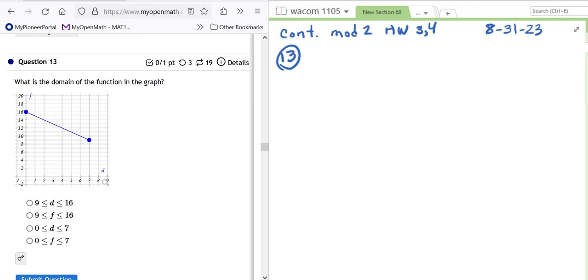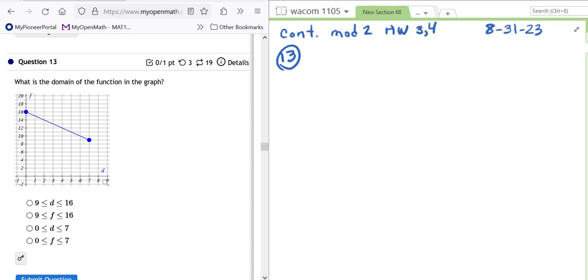So your domain is between 16 is the leftmost point, and it's included, and 7. No, Mrs. H has that wrong. He erased that. I should not be looking at the up and down. That's the range, right? Domain is across. So this is 0, and you are touching. And this is 7, and you are touching.